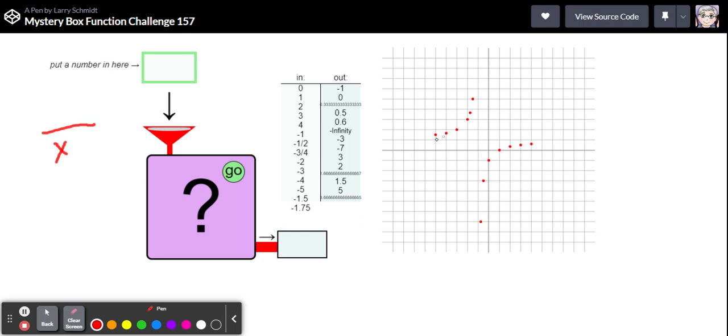To me, it looks like this arm over here is approaching -1, and so is this one. What that means is you would want to make the bottom 0 when x is -1, because that's where the function is going to be undefined. So if I added 1, that would make the bottom 0, blow the whole thing up, and it would be undefined. So that's my guess for the bottom.